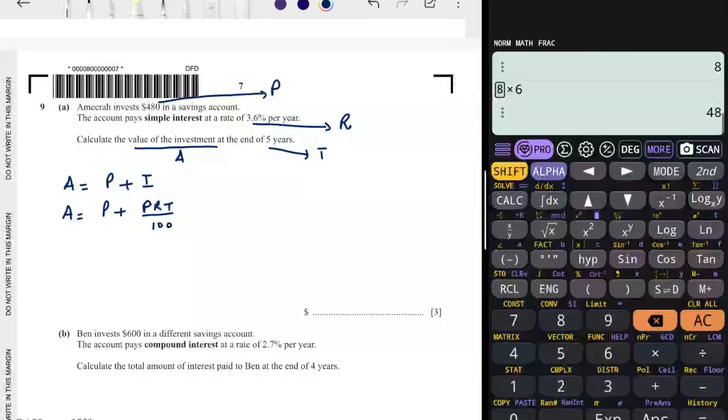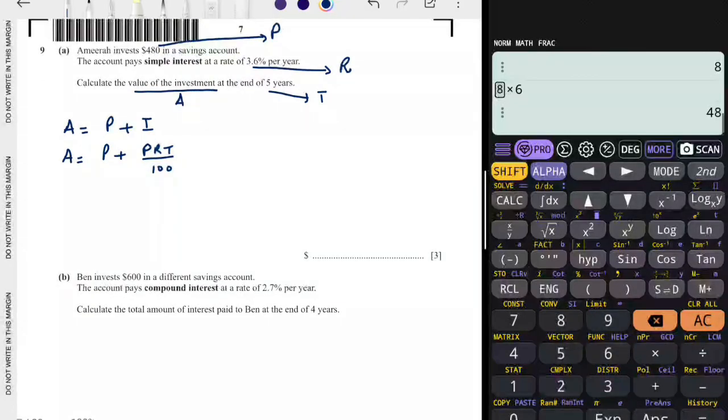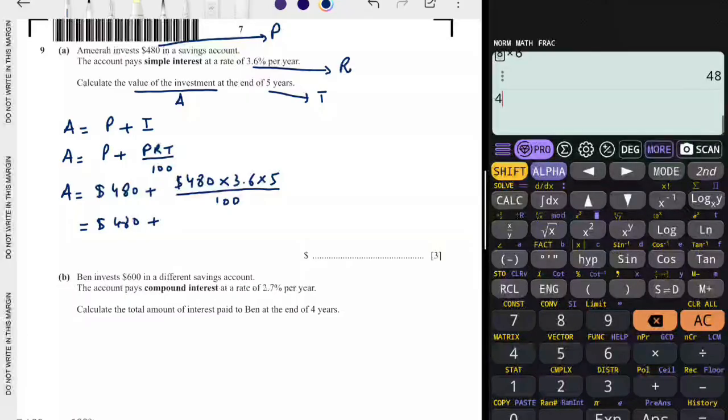Now we'll substitute values. So amount will be equal to $480 plus $480, rate is 3.6, time is 5 years, upon 100. Now we will simplify. So it will be 480 times 3.6 times 5, which is equal to 8640.